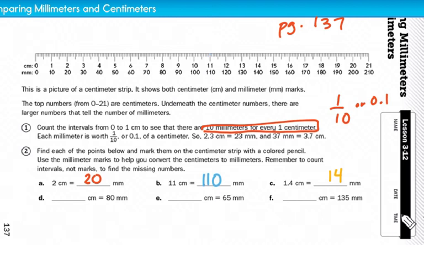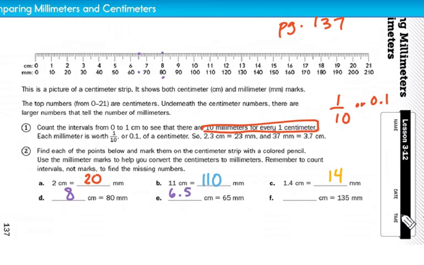Next, it's saying put a mark at 80 millimeters. 80 millimeters would be right here. If I look straight up above, that would be the same thing as 8 centimeters. 65 millimeters is halfway between 60 and 70, right here. If we were to write that as a decimal, it is 6 centimeters and 5/10, 6 5/10 centimeters.